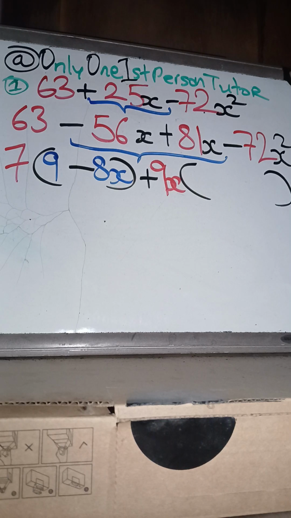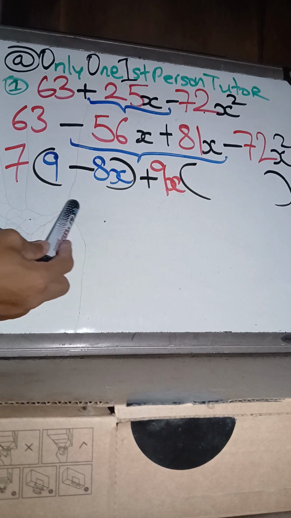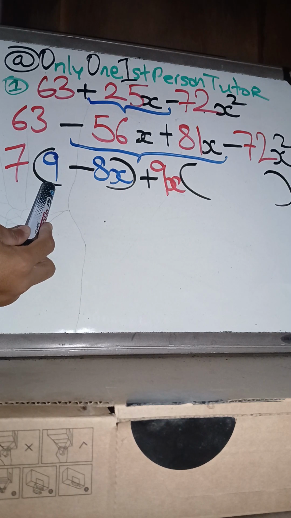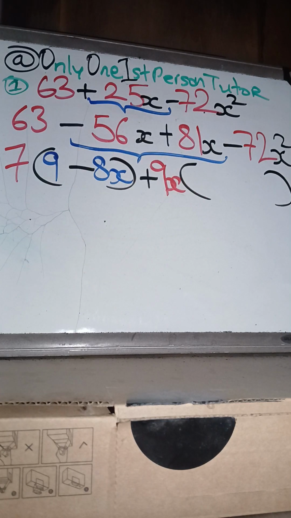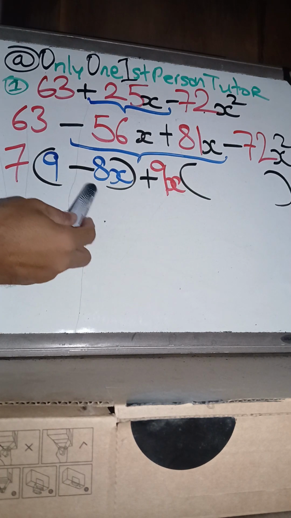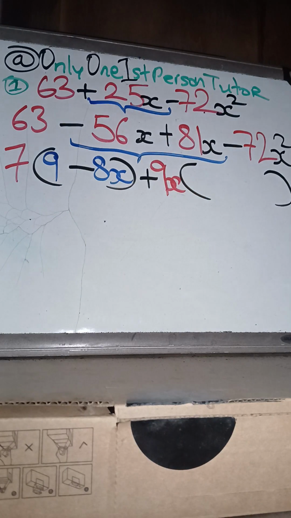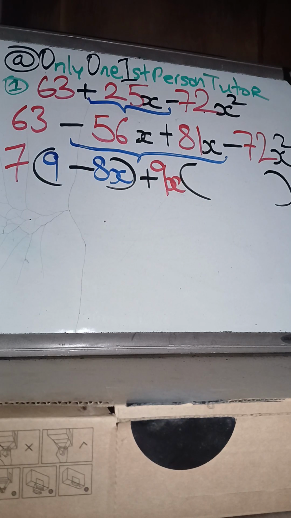Because what we're going to do now, multiply this 9x by this 9. This 9x by this 9 gives you the 81x. And the plus 9x times negative 8x gives you that up there. So if that is true, then we can take this and just copy it right there.